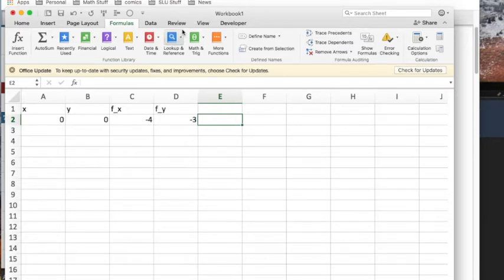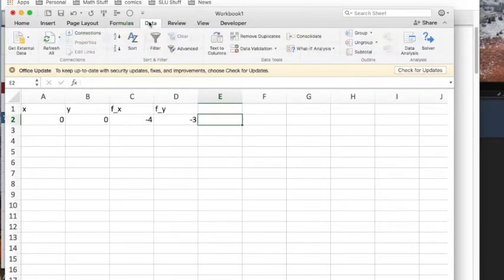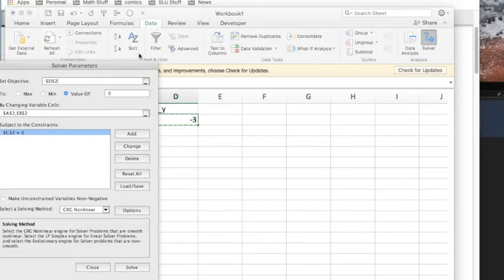I'm going to use my good old friend Solver, and I need to be a bit more specific on this. I'd like to make cell D2 equal to 0 while also having C2 equal to 0, and I want to be able to change A2 and B2. So I'm going to pull up Solver.